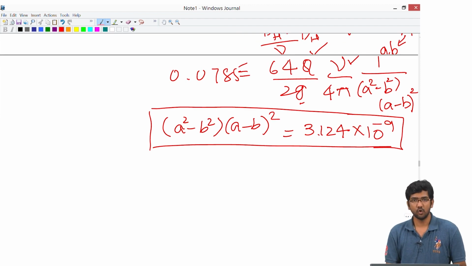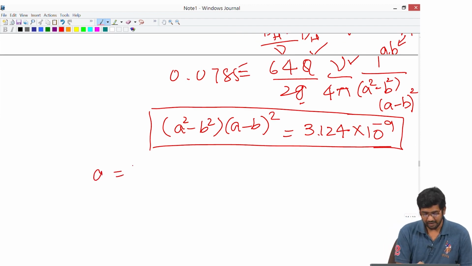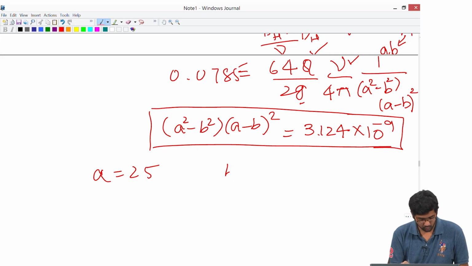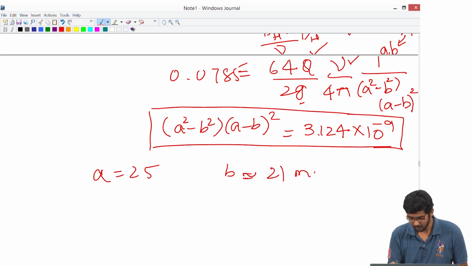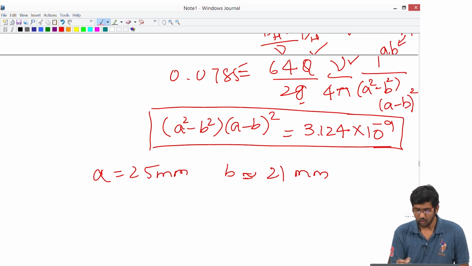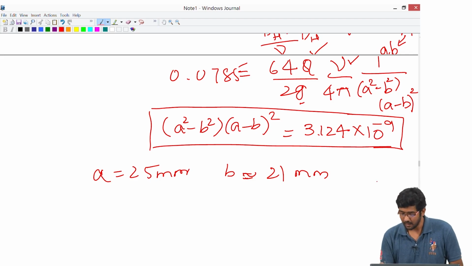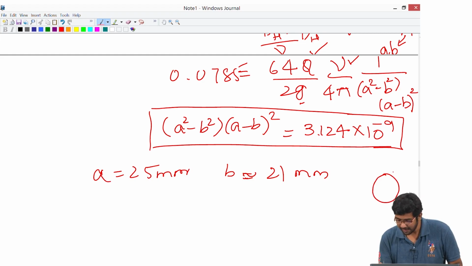If you take the value of A equal to 25, which is given in the schematic, the value of B that we get is around 21 mm. So, if you want the efficiency of an annular pipe to be the same as that of a circular pipe, then we need a very thin annular ring.